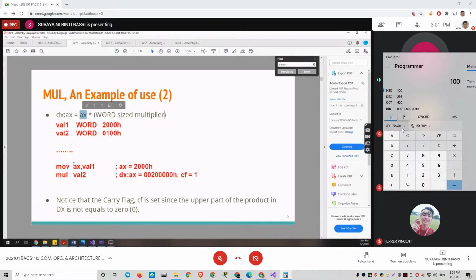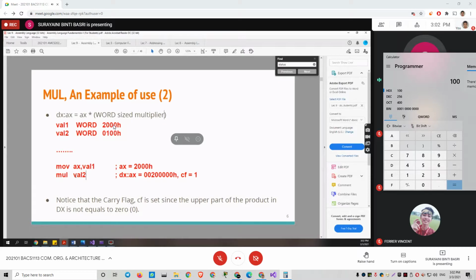By this instruction, we put the value 1 variable into our AX. After that, because multiply only accepts one operand, we can put a variable into this operand. Okay, so this is how we can do it.